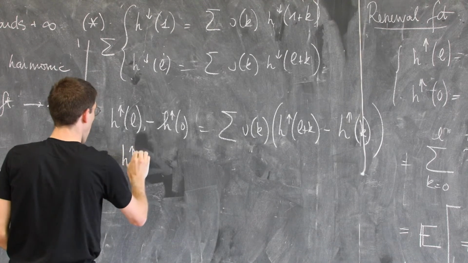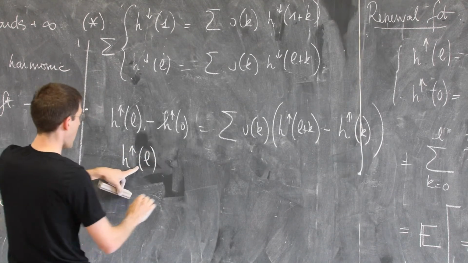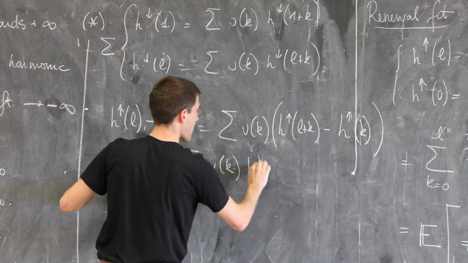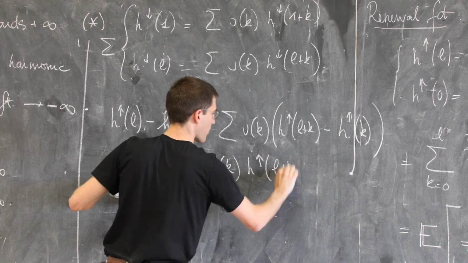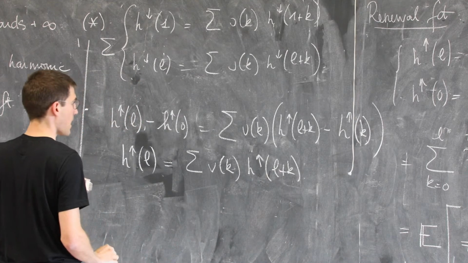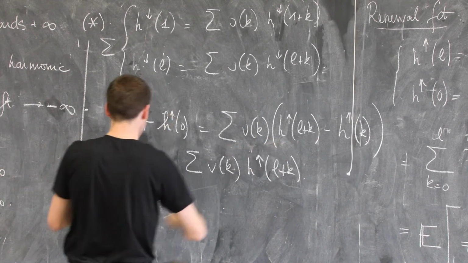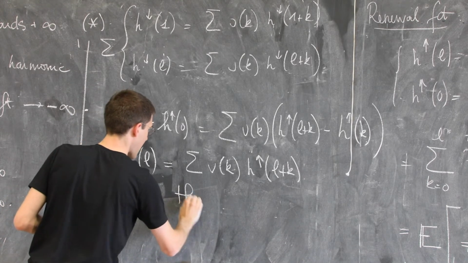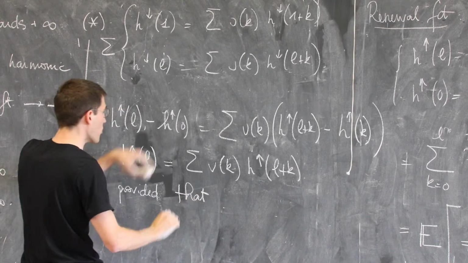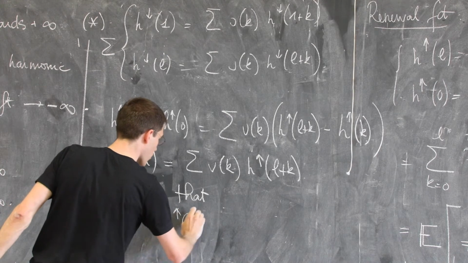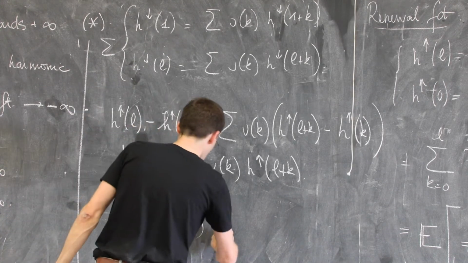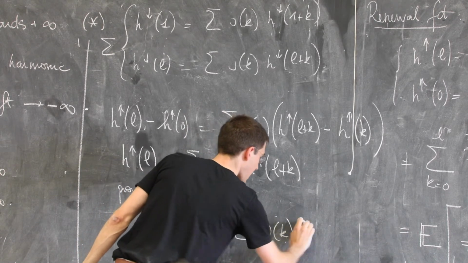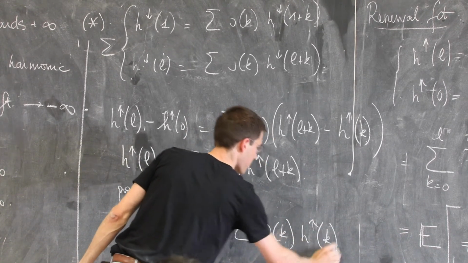So what do I see? I see that I almost have what I want. H of L is the sum of nu of k, H down arrow of L plus k, provided that I have harmonicity of H exactly at 0, meaning that H of 0 is the sum of nu of k, H up arrow of k.